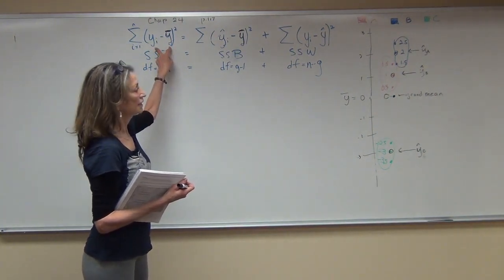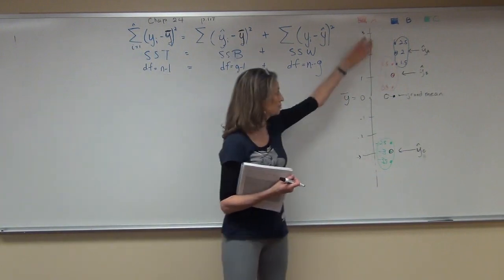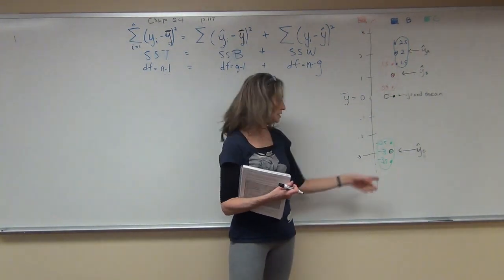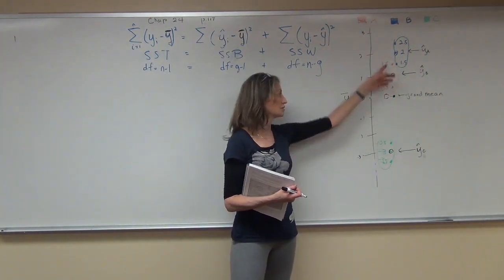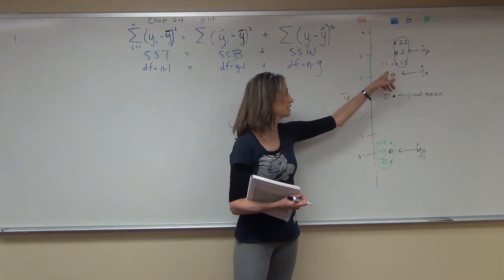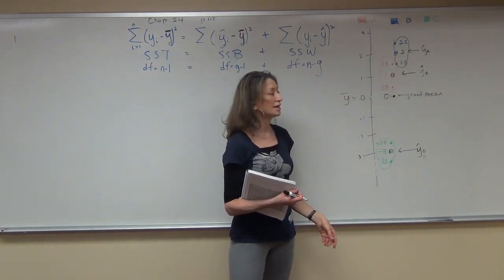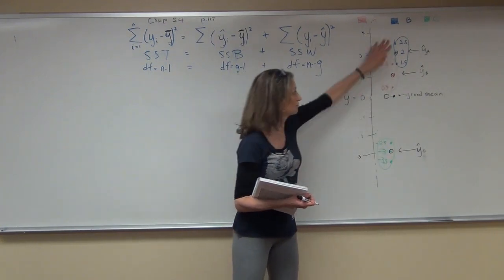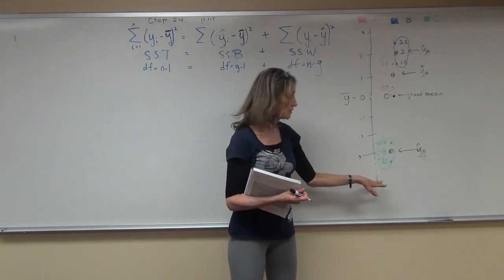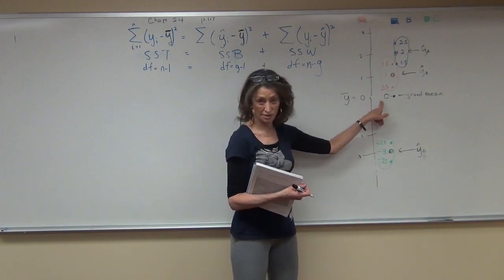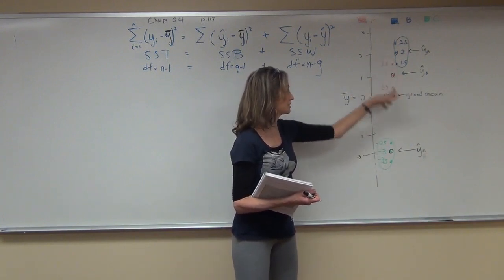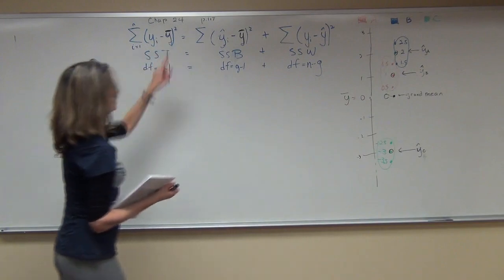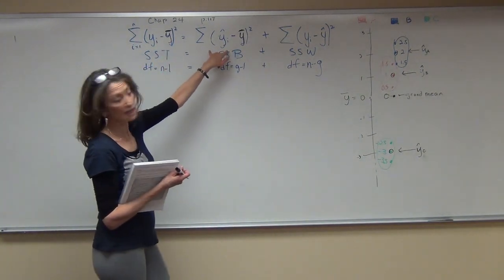So this is taking each of the 9 responses in our example, to the 3 different drugs, color-coded here as red, blue, and green, and we're subtracting it from their overall mean, which is 0. If you add all these 9 numbers up and divide by 9, you'll get 0, the grand mean. So we're just taking the distance from each of them and squaring them. And we're saying that it's our usual.